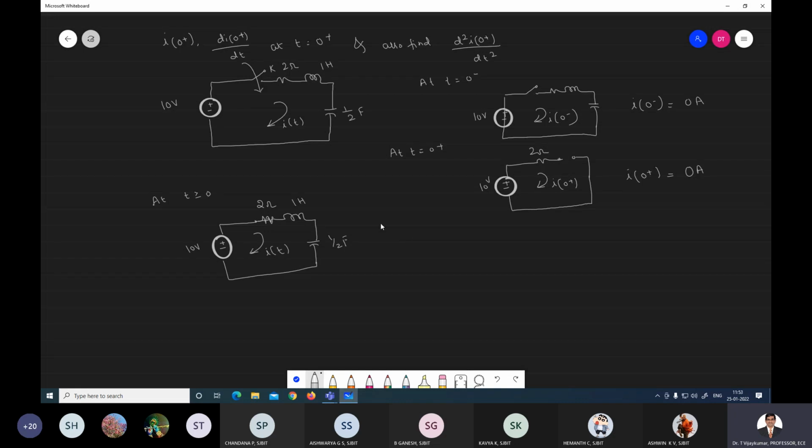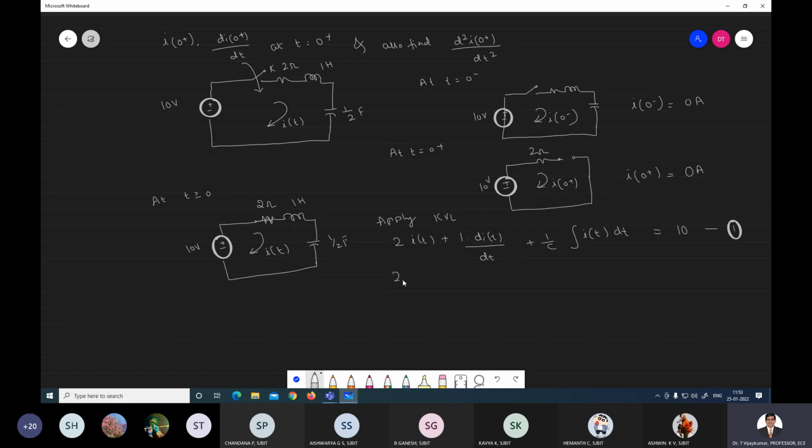Now apply KVL. We can write 2 into i(t) plus 1 into di(t)/dt plus 1/C integral of i(t) dt equal to 10. Call this equation 1.